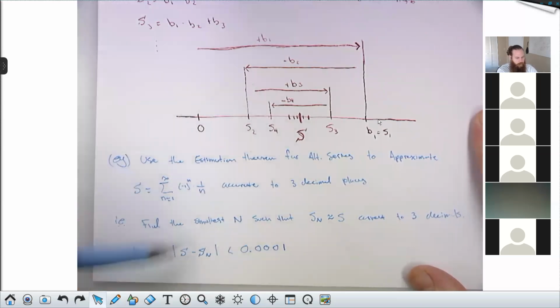So another term for this distance is the error. It's how far Sn is from the actual value S. That distance can be thought of as how wrong Sn is when taken as an approximation for S.